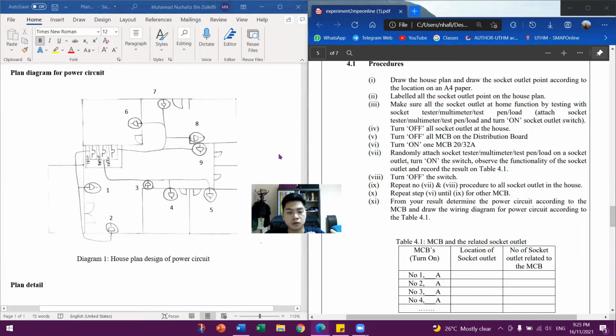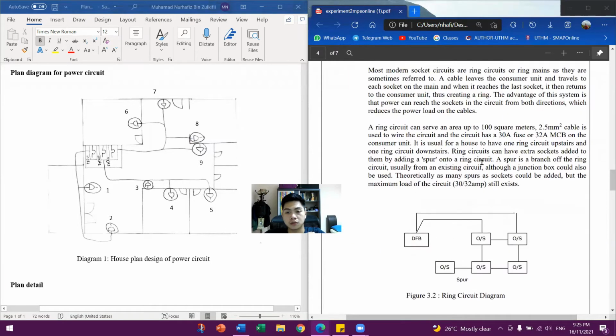The reason why we use the ring circuit is because the advantage of this system is that the power can reach the sockets in the circuit from both directions, which reduces the power load on the cable. So we can reduce the power loss during the transmission of the power.